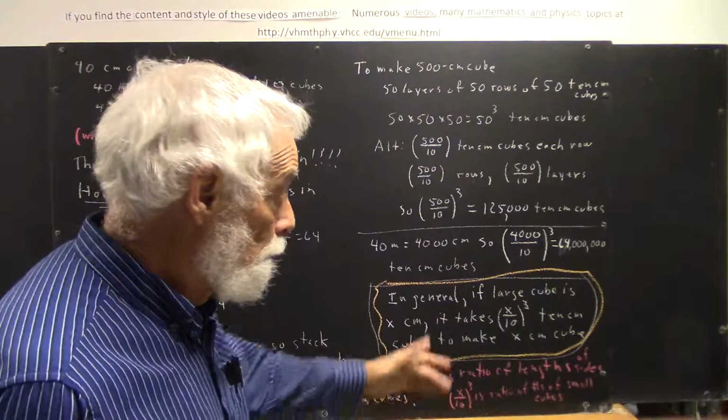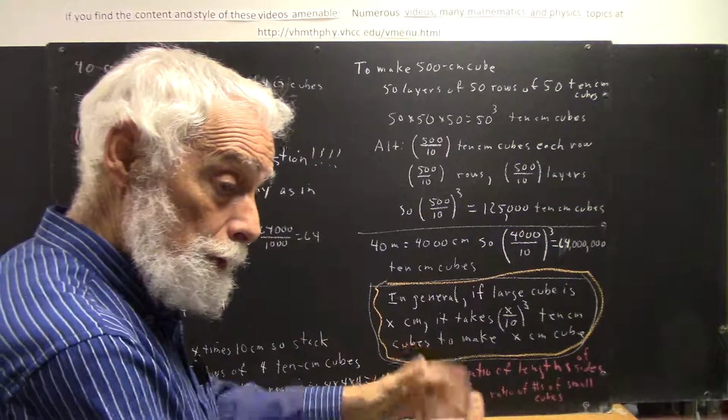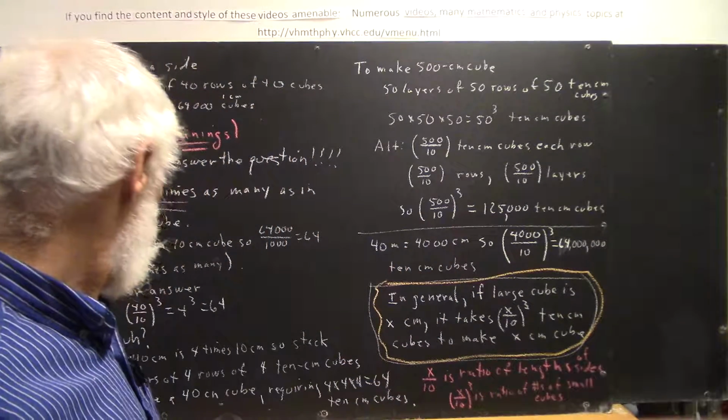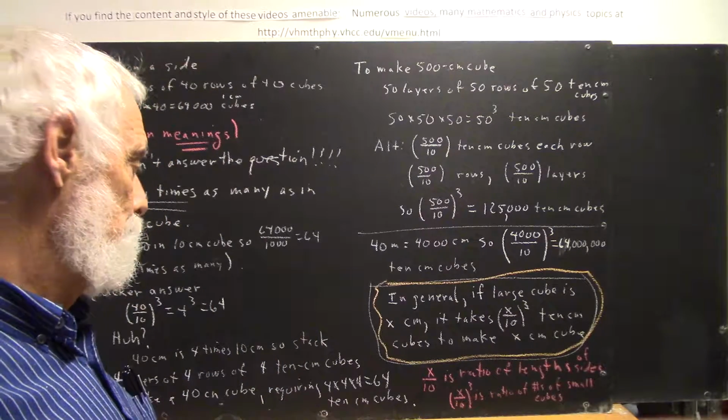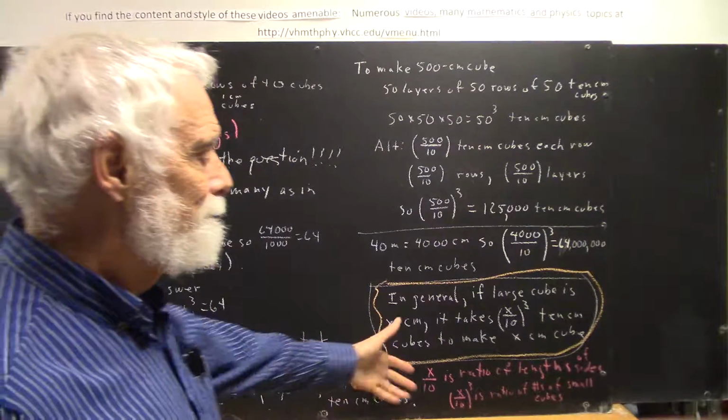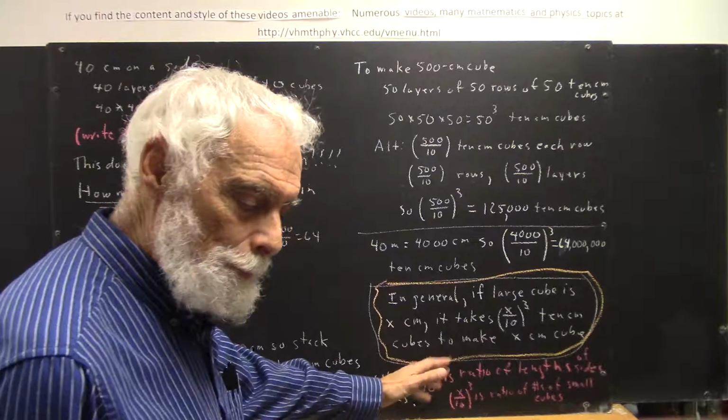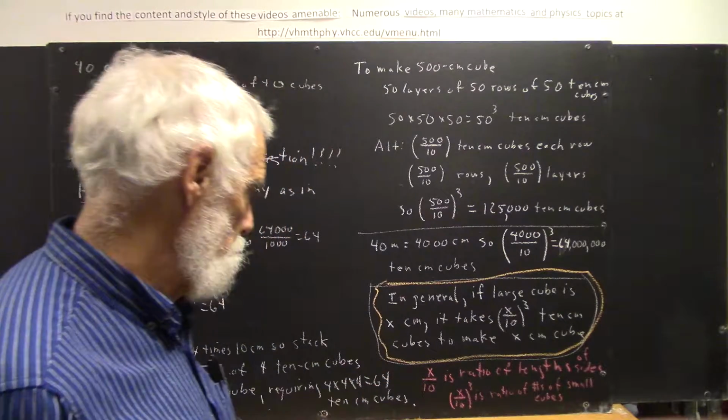Okay. It's also the ratio of the number of 10 centimeter cubes, which is just 64, and many other, well, this is part of something quite general that we'll be developing, okay?